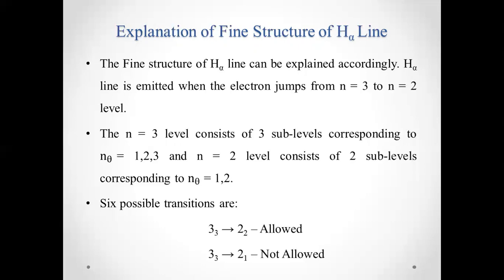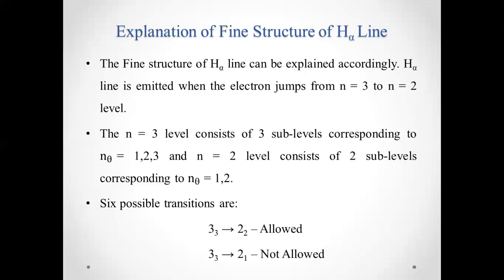The n equals 3 level consists of 3 sub-levels corresponding to n theta equals 1, 2, 3, and n equals 2 level consists of 2 sub-levels corresponding to n theta equals 1, 2. Now these levels are shown in the figure.